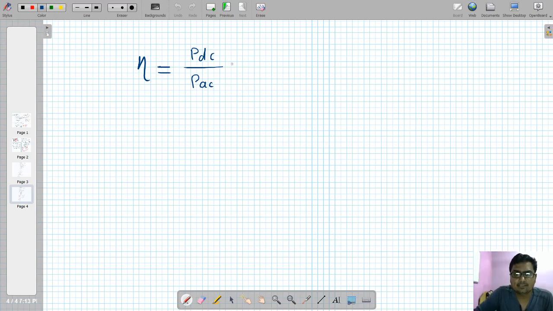What is the equation for PDC? Let me write it here. PDC is equal to, sorry, we have derived those PAC and PDC in the form of current, so it is (Im by pi) square multiplied by RL, divided by, now what is that PAC?